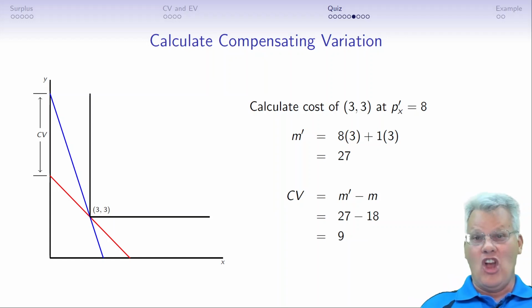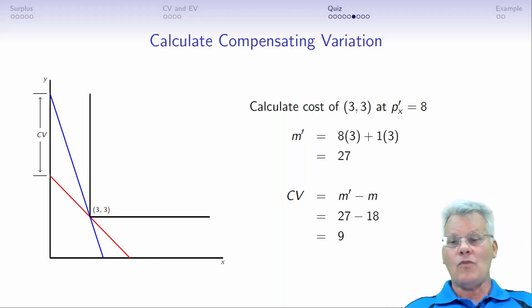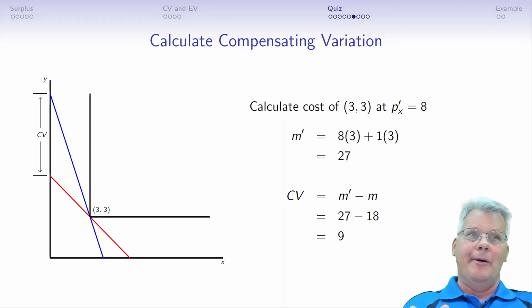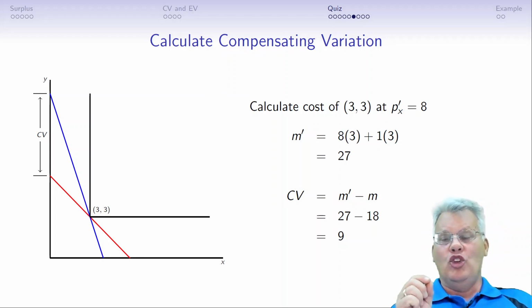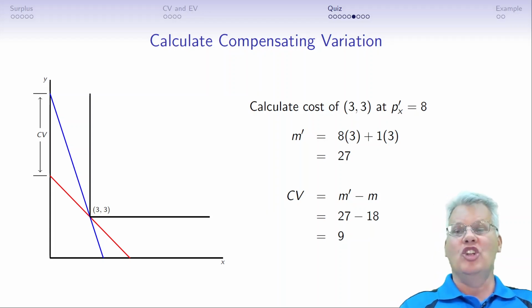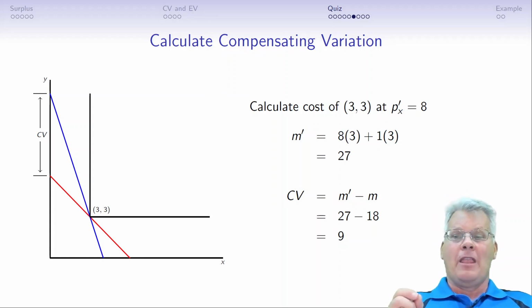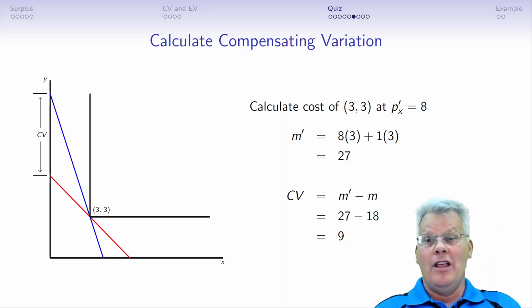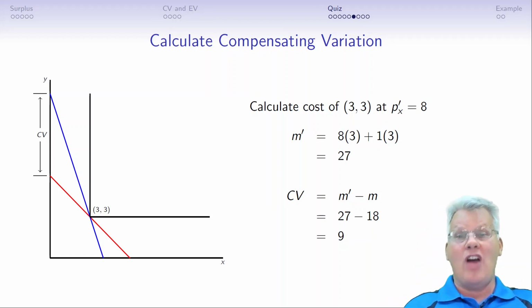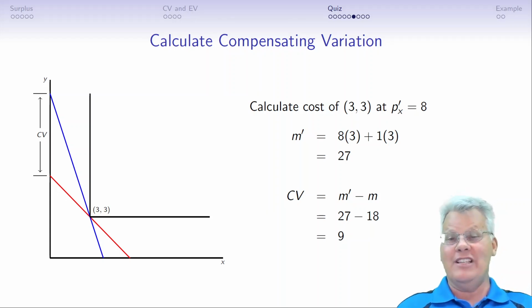Then, to get the compensating variation, what we have to do is figure out how much income we have to give Bernice to restore her to her original level of well-being after the price increase has taken place. Now, it turns out that to calculate compensating variation, we actually don't even care what Bernice's consumption choices are after the price increase happened.